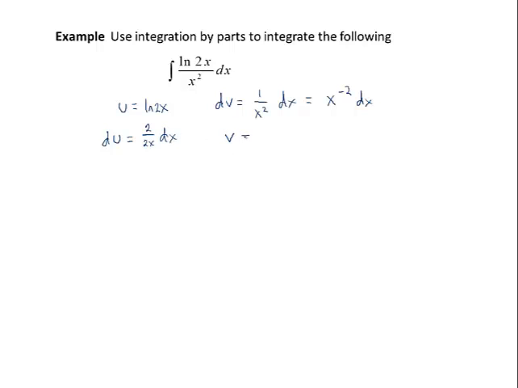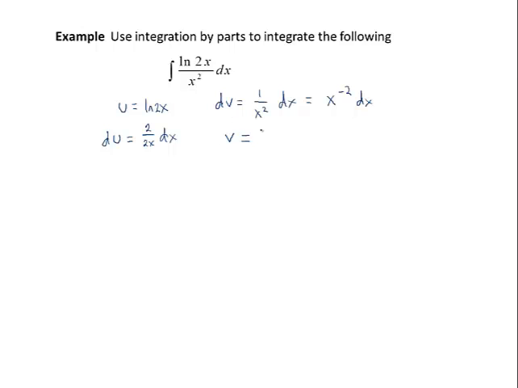To determine v, we have a little mini integration problem to do here. We know dv is equal to x to the negative second dx. So using the power rule of integration, v is the antiderivative of x to the negative second dx.